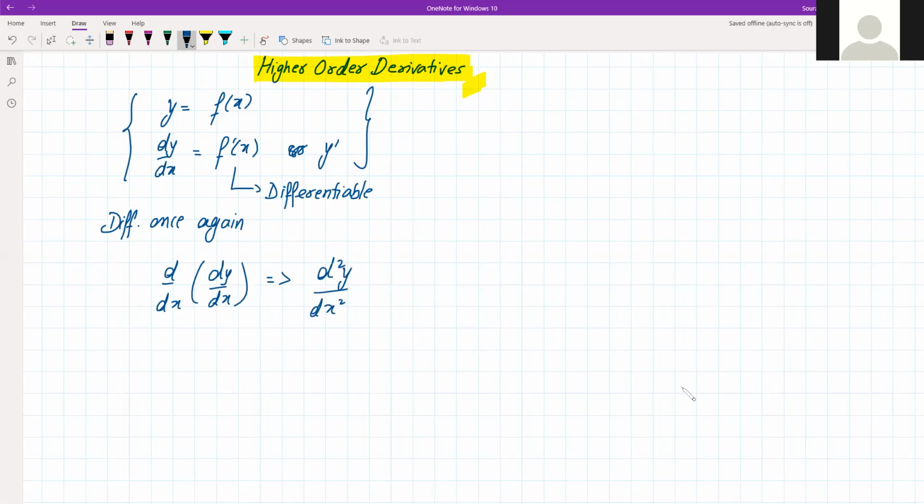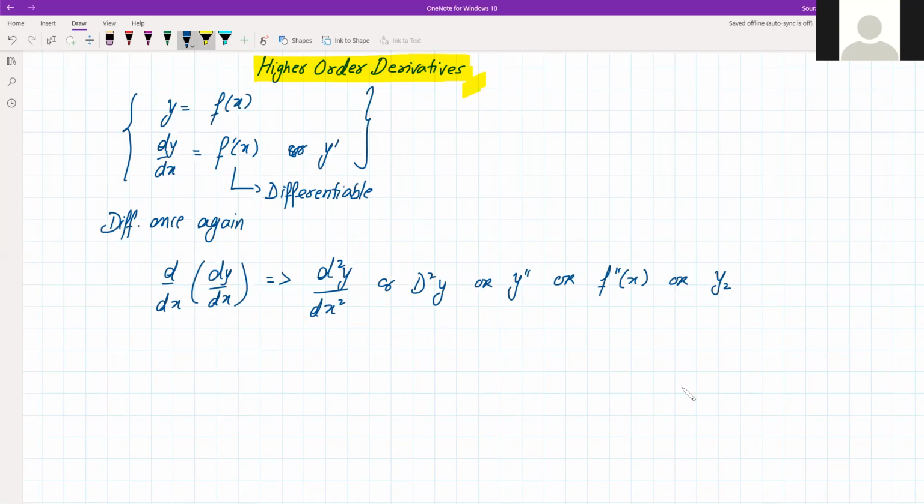This shows that it is the second order derivative, or we show it as d2y, or we also show it as y double dash, or f double dash of x, or even y2.